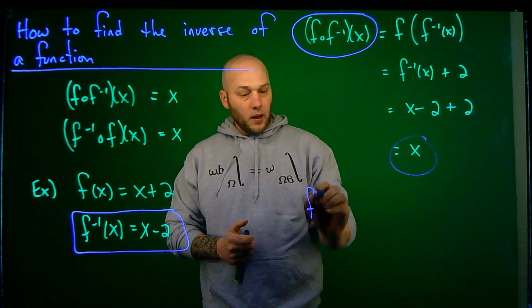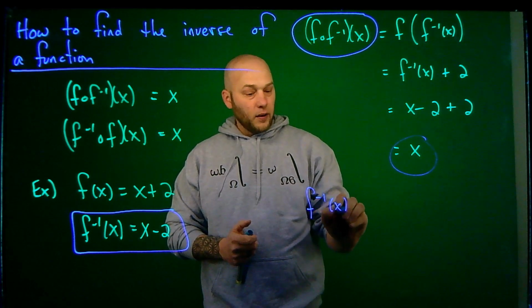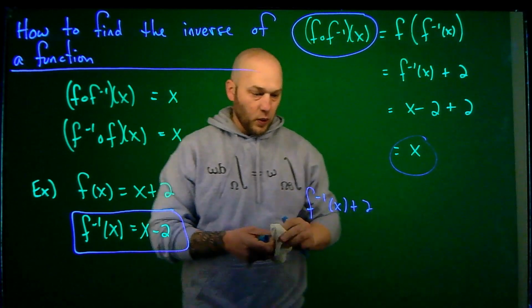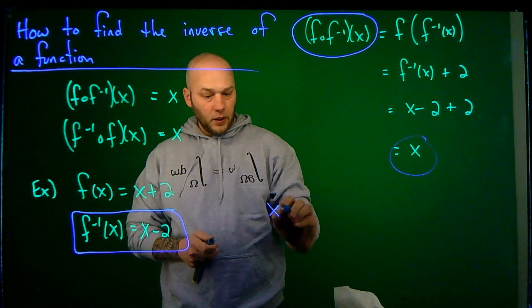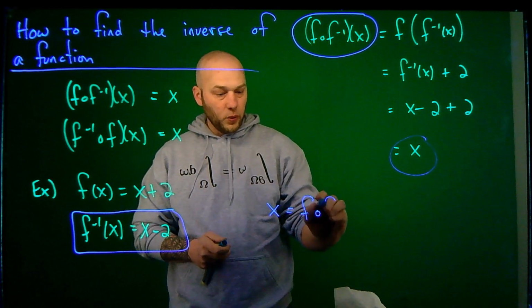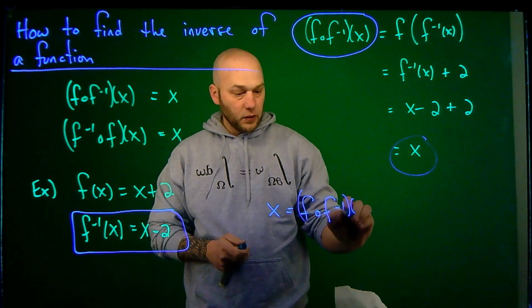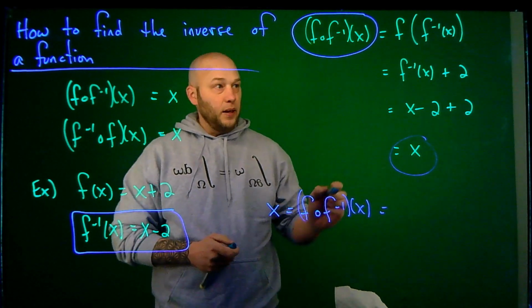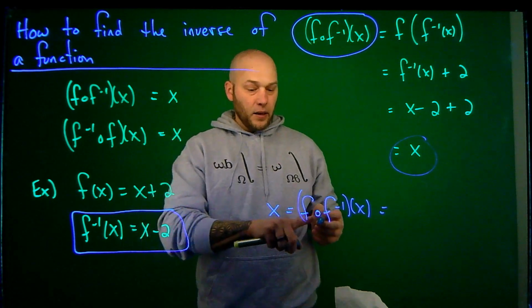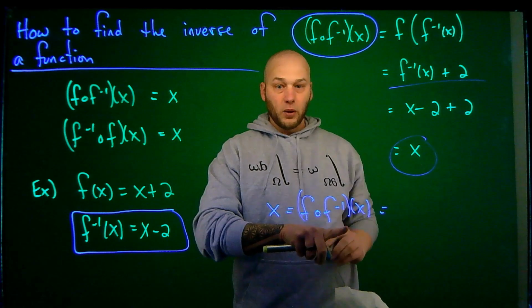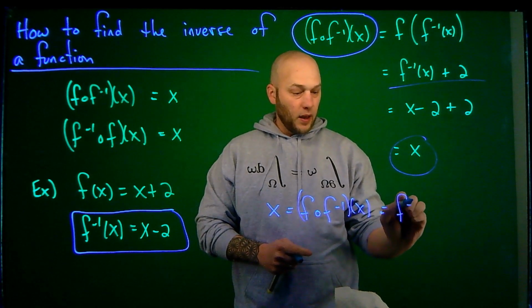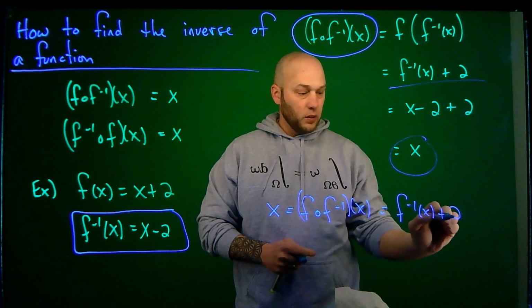Here, let me write it this way. I know that x is equal to f composed with f inverse of x. And in this particular example, I know that f composed with f inverse of x was also given by this expression right here, which means I have f inverse plus 2.